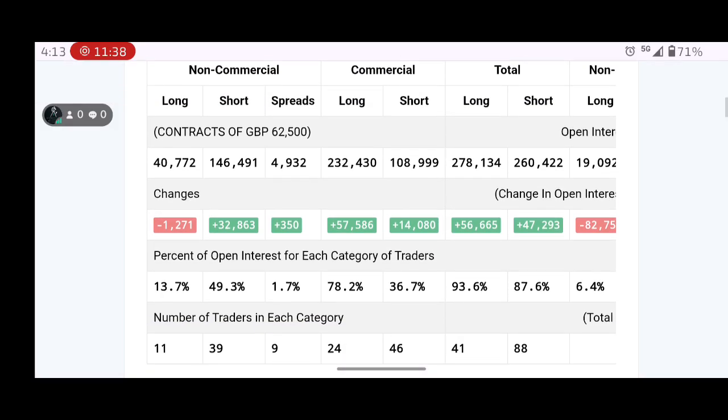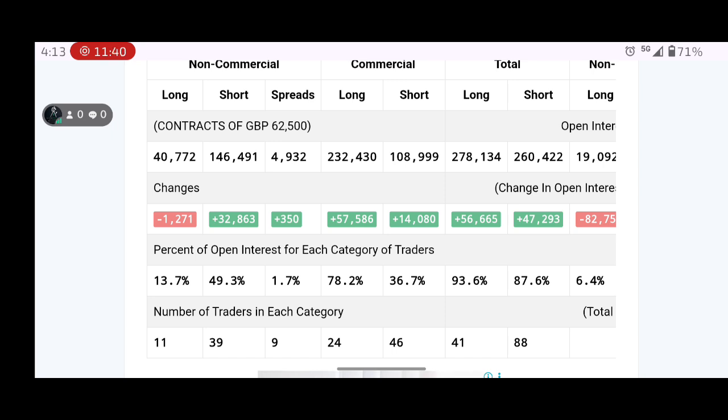Now when you come back here to the short, what changes? This one shows the activity. The changes show how active they are. On Friday, they were on the long side, removing their trades by 1k, but the 32k means that 32k trades are being placed at the moment. The spread is 350.